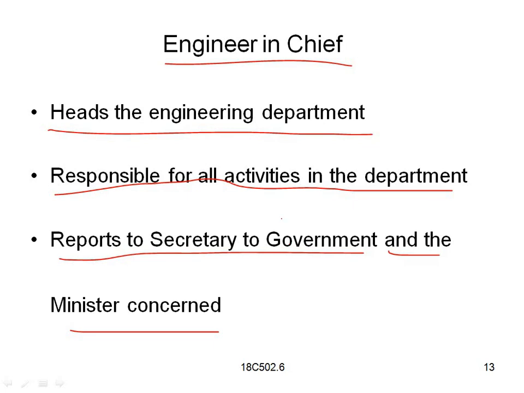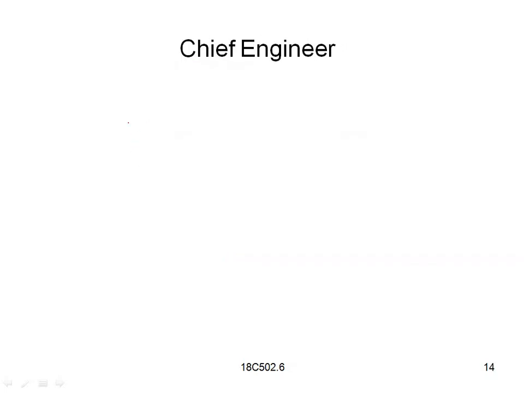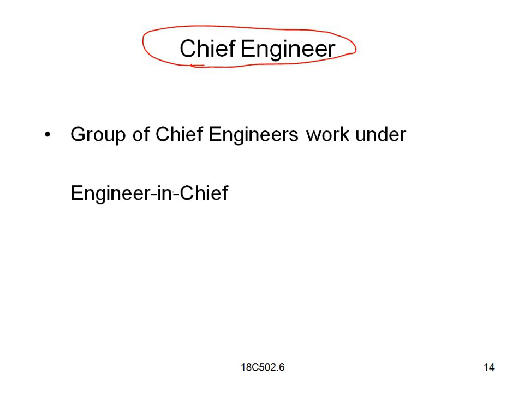So the engineer in chief is the main category, and the next is chief engineer. He is also a main role person in the engineering department. This person controls the whole department, the circles and the divisions also. A group of chief engineers works under the engineer in chief.